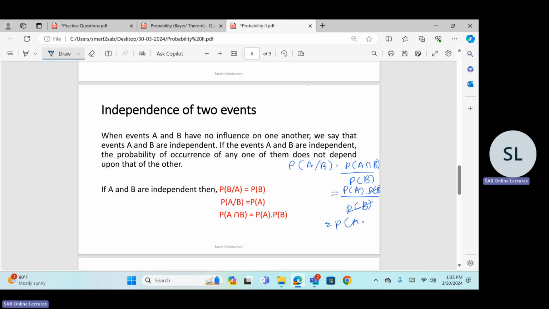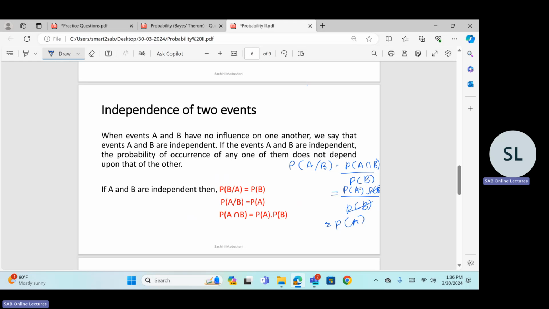P(A) means what? In this example, what is the meaning of the probability of A? Probability of the second event. Understood? Then if the two events are independent, the conditional probability is equal to the probability of the second event.